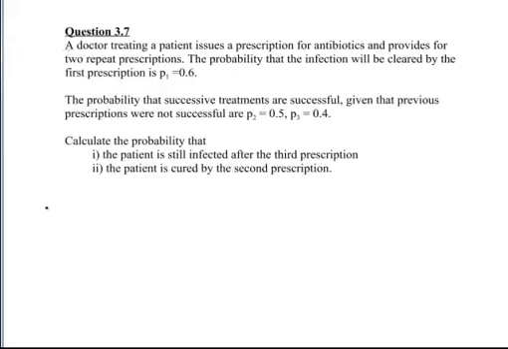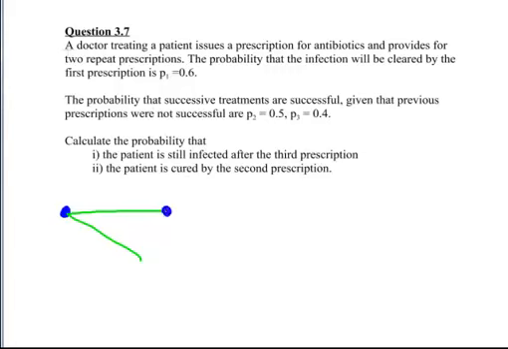Okay, so we have a patient, and the treatment is successful. I'm going to put that here as an arrow down, not for any particular reason, just as the orientation of my page. Or it's unsuccessful. And if it's unsuccessful, the patient gets a second treatment.